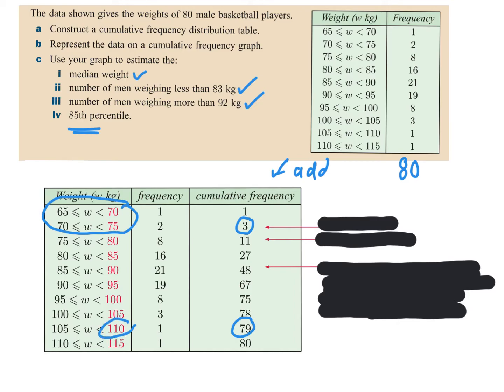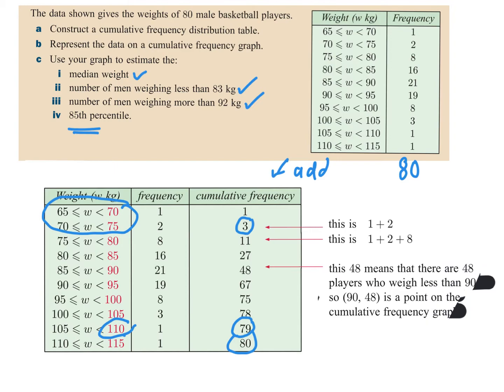To be more specific, it is between 65 and 110. And 80 here is the total number of male basketball players in this question. Here, 48 means there are 48 players who weigh less than 90 kilograms. So (90, 48) is a point on the cumulative frequency graph. That will be the next part of this question.